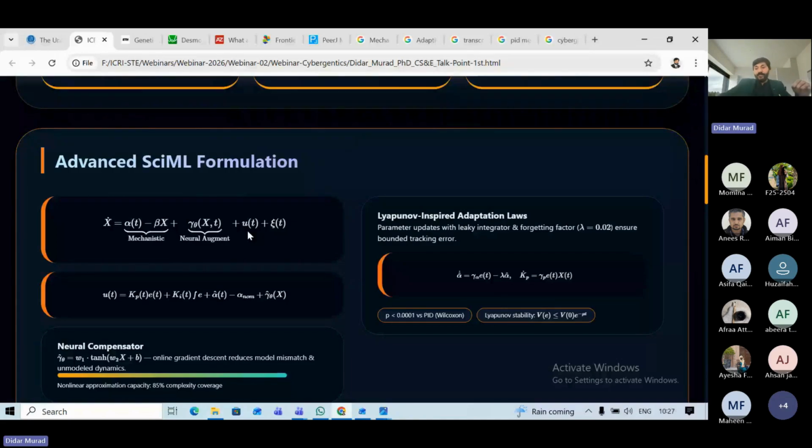For example, this is our biological system, and we are building some external modulator. External modulator means the drug from outside. We have to control the dosing of these drugs inside our body.